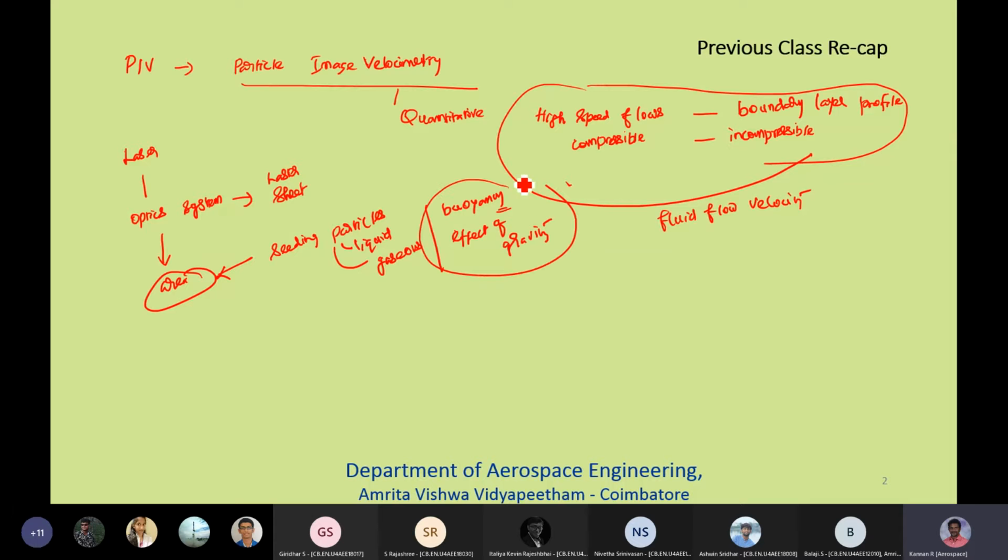Another important thing is the size of the particle should be in terms of microns, 5 to 10 microns, 20 microns like that.